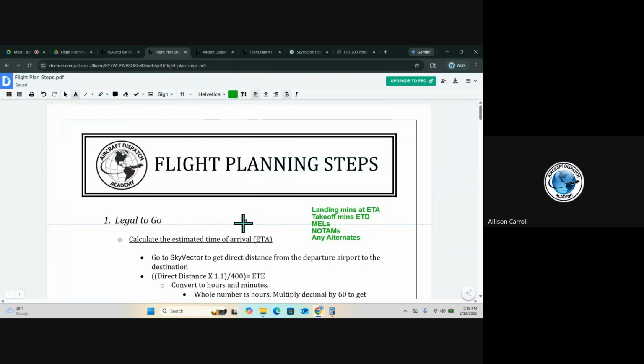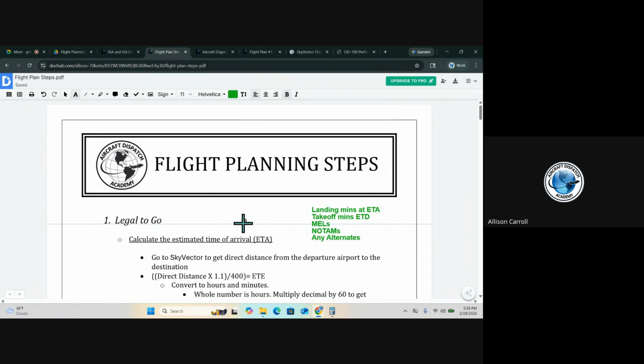So the first thing always is legal to go, and it's the most important part. One thing that we will emphasize when we get into in person, after your quiz and introductions on Monday, is that we start to dig into flight plan 2.